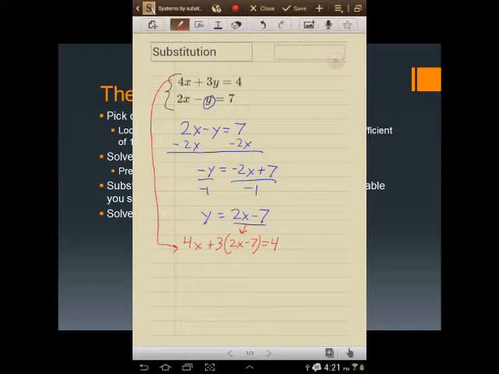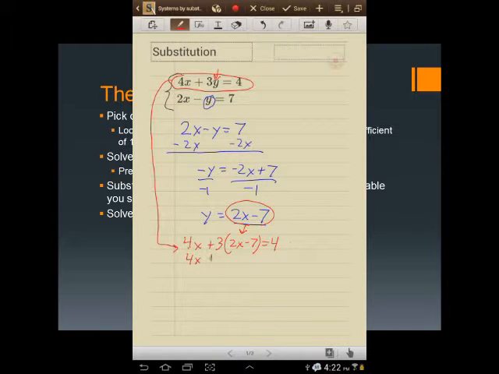What I just wrote, the 4x plus 3, quantity, all that, is this first equation. But instead of putting in y, I put in 2x minus 7 that I figured out y equals. This equation now only has x's in it. So I can solve this.